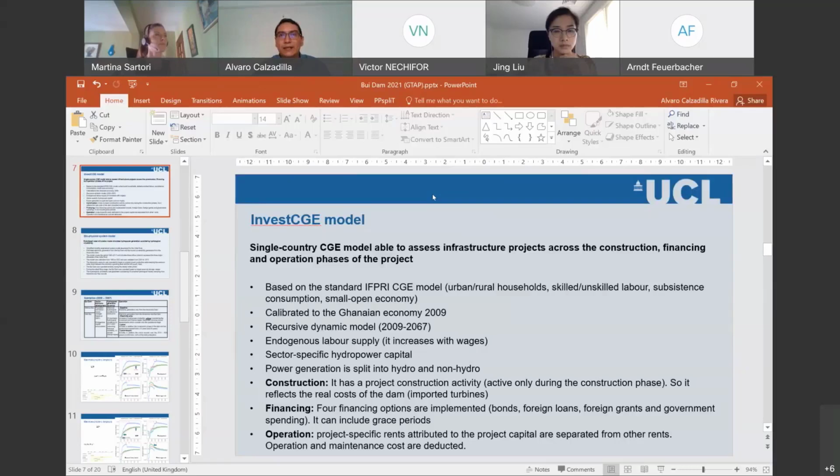If we are paying the loans, then we are bringing US dollars out of the Ghanaian economy to the rest of the world, and then the exchange rate will adjust in order to bring the foreign savings to the exogenous level, which is fixed in the model. That's the adjustment mechanism we have. So foreign savings is fixed, and the exchange rate is endogenous, is mobile.